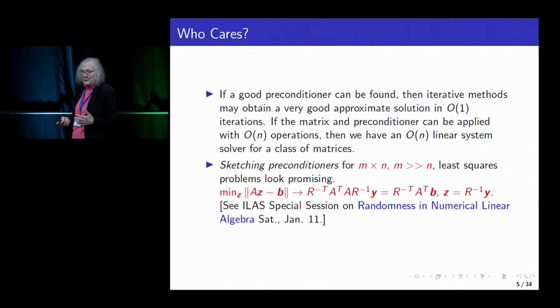Now, usually numerical analysts frown upon solving the normal equations, but we're not actually forming the normal equations, and if the preconditioner is good enough, it may not be such a big deal that the condition number of the normal equations is the square of that of the original matrix.